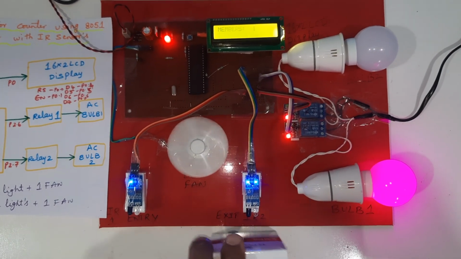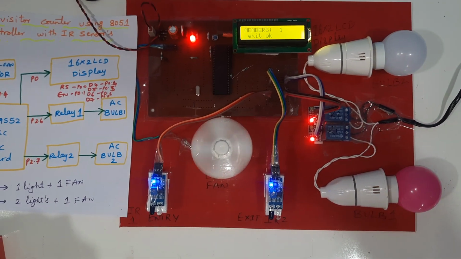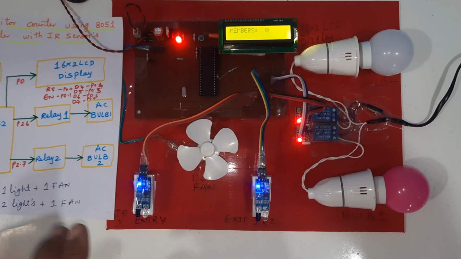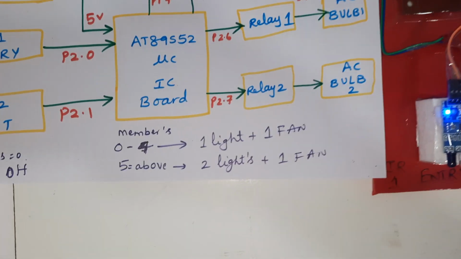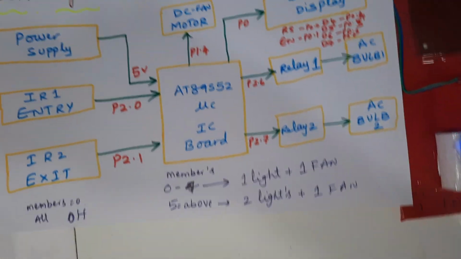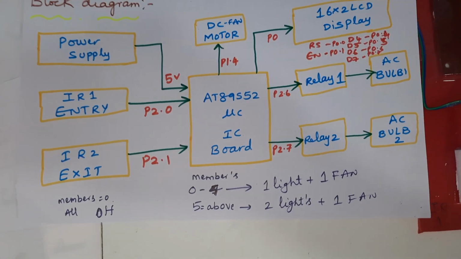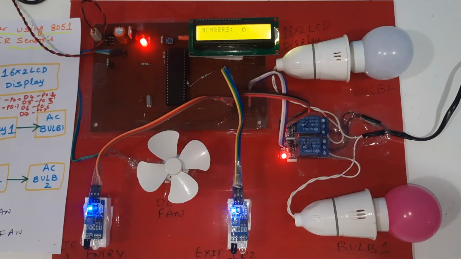Okay, exit. With counts 0 to 4, 1 light 1 fan, and 5 and above 2 lights 1 fan. Bulb off, fan on. Okay, this is our block diagram and this is our hardware kit part.